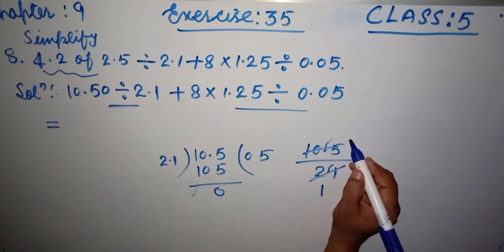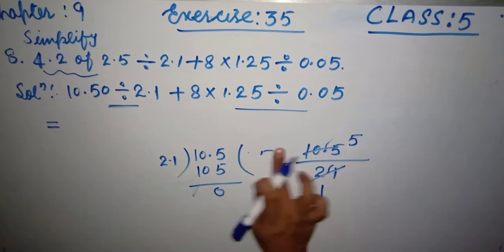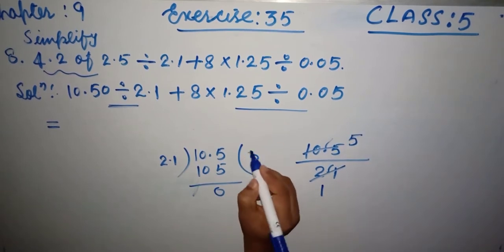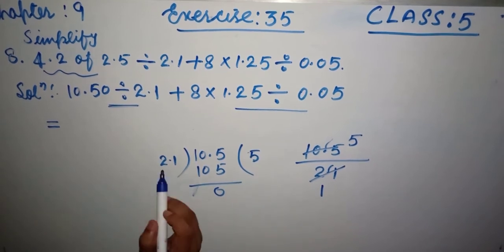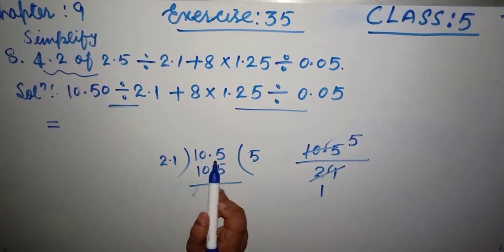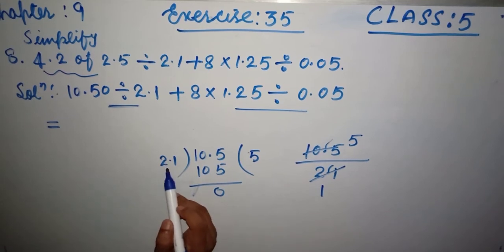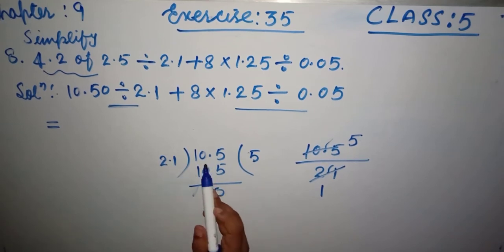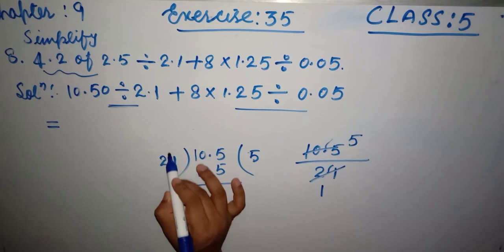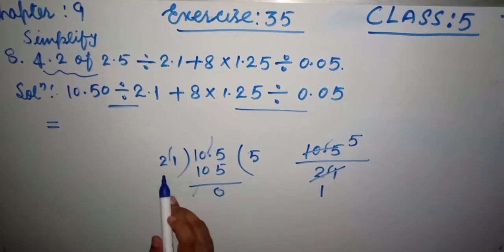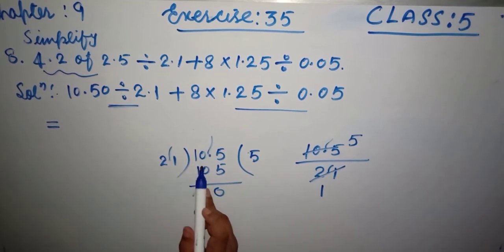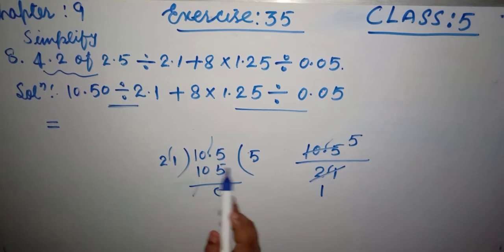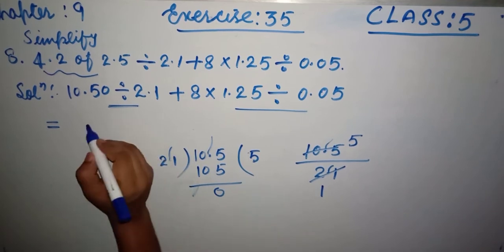Because this is the divisor and this is the dividend, this decimal has one decimal place, and this decimal also has one decimal place, so this decimal will get cancelled. So this 105 is divided by 21, and 21 times 5 is 105. So here the answer is 5.